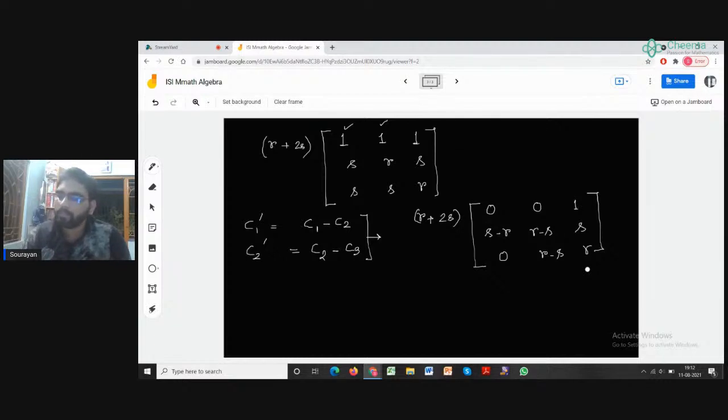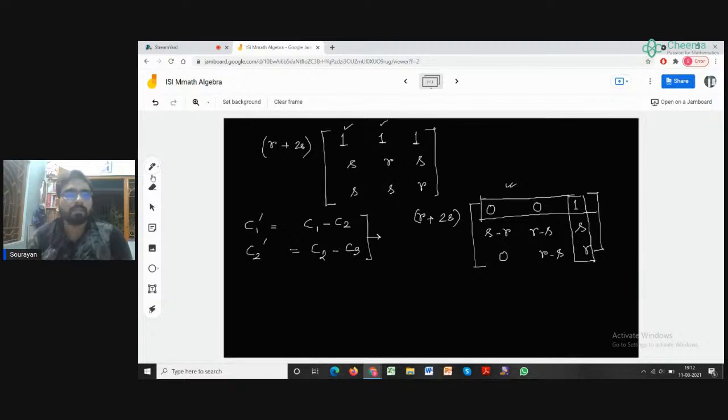I am eliminating certain rows and getting a matrix where there is only one column that we are worried about, because to understand the determinant of this matrix, it suffices to take only the determinant of this column and row.